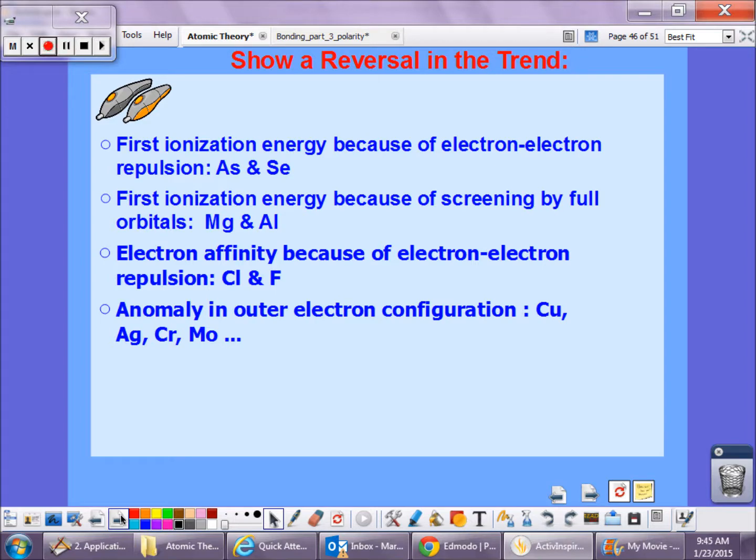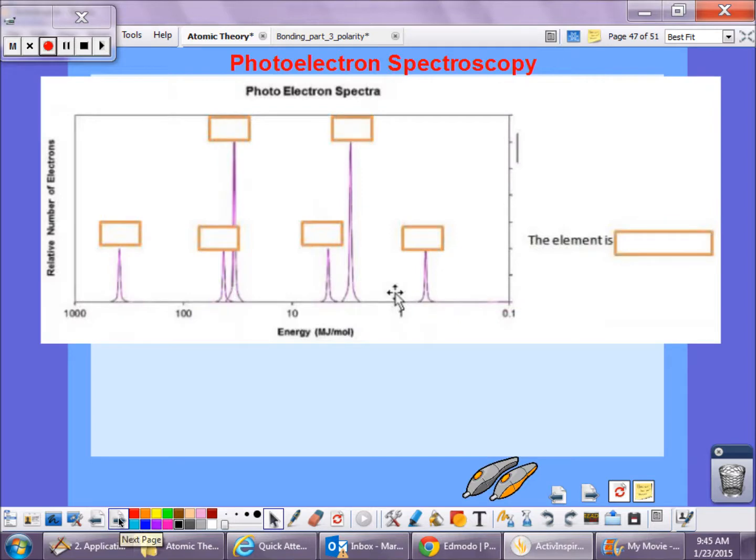They protect them from the force of the nucleus. The other word I was looking for is shielding. Use screening or shielding when you go down a group. Use effective nuclear charge across a period.